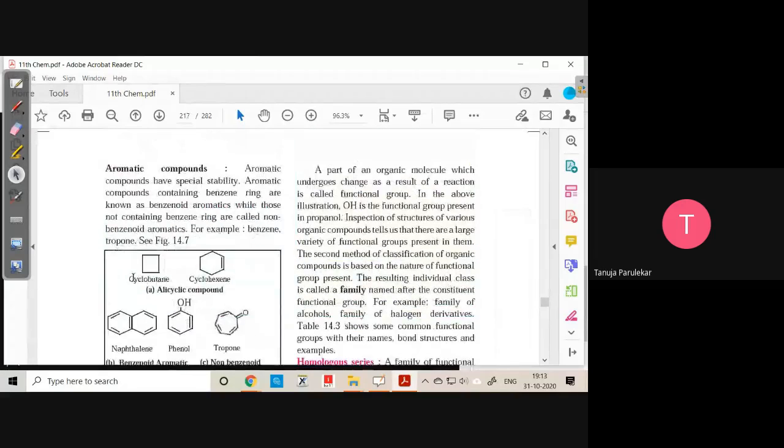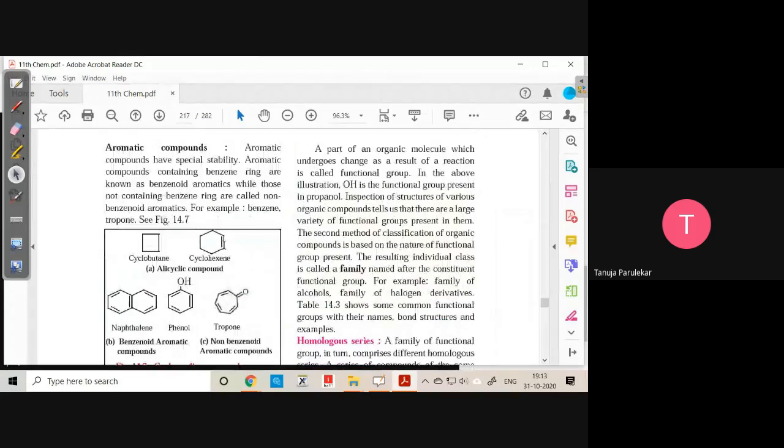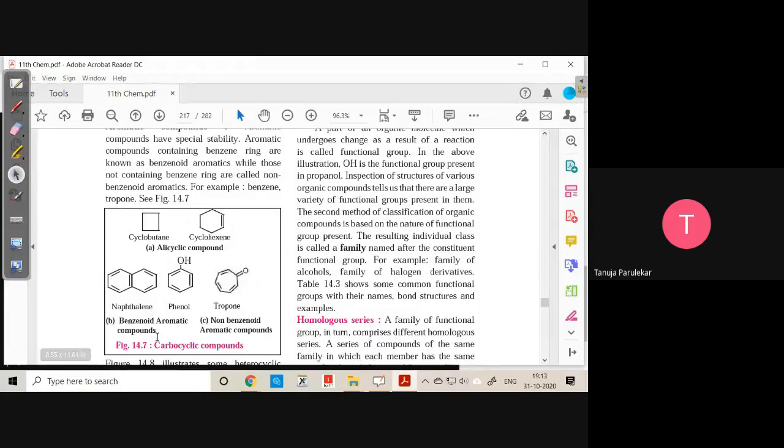So here this is cyclobutane. Cyclohexene is an alkene, that is, a cyclic compound. And then you also have benzenoid aromatic compounds, which contain a benzene ring. This is the benzene ring, and there is an OH, so it is like an alcohol, but it is not called alcohol, it is called phenol. Then these are non-benzenoid aromatic compounds, that is, there is no benzene ring, but they are still aromatic compounds.